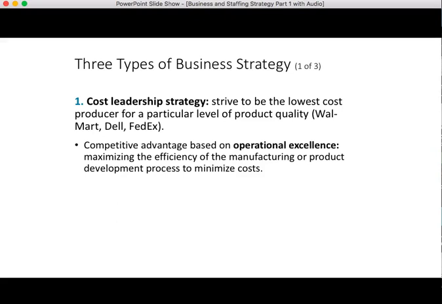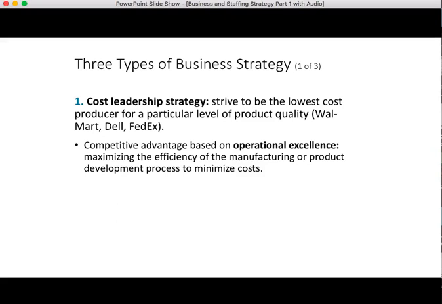Okay, so as a quick review, there are three basic types of business strategies. One is cost leadership, where we strive to be a low-cost provider for a reasonable level of product quality. So Walmart is a great example of that. They personify that. Dell is also a great example because they make it cheap.